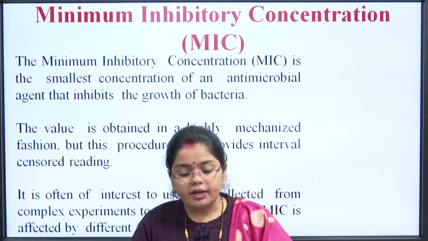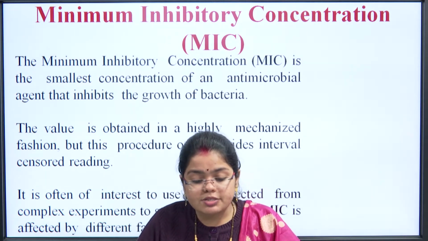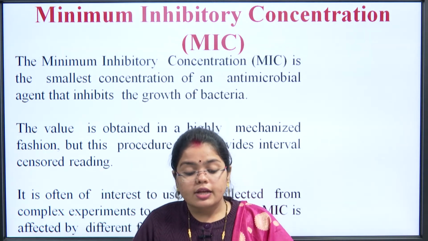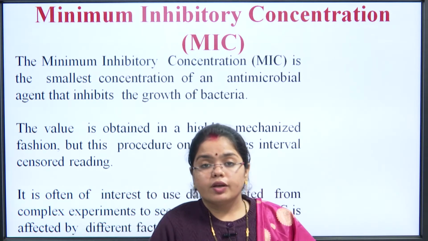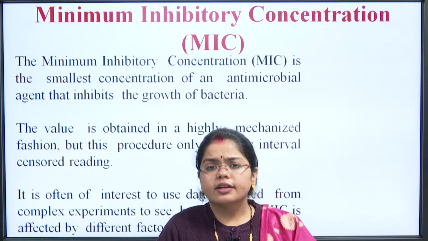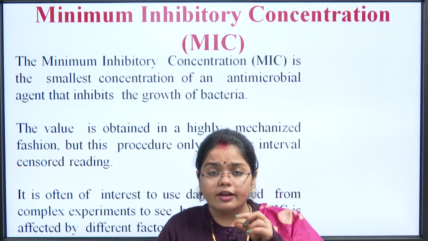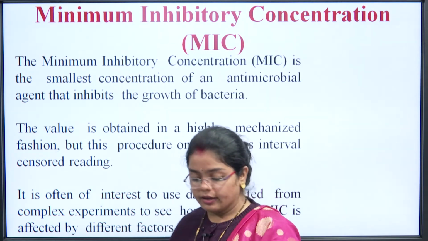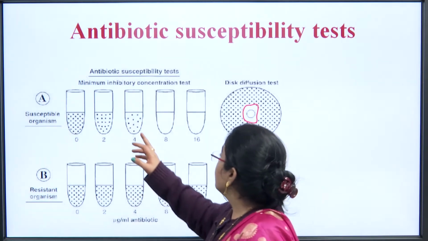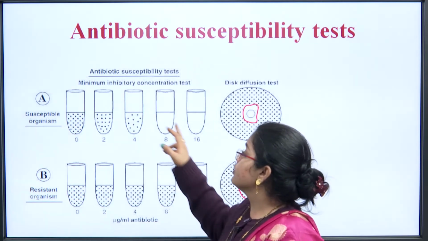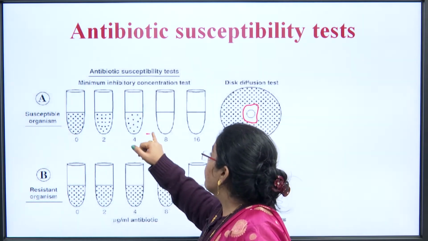The value is obtained in a highly mechanized fashion, but this procedure only provides an interval censored reading. Since we are doubling it, it is not exactly appropriate. Like if we double from 4 to 8, as in the previous slide, we have doubled the concentration, but look at the gap here.